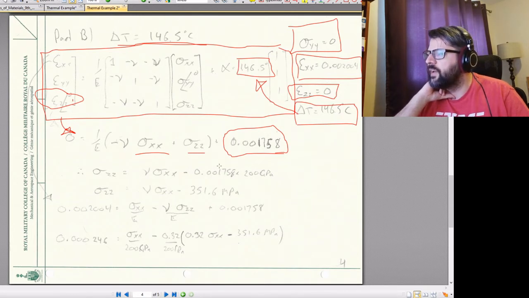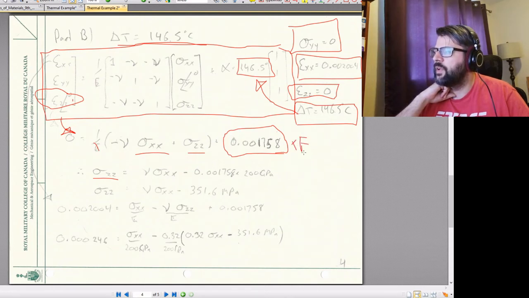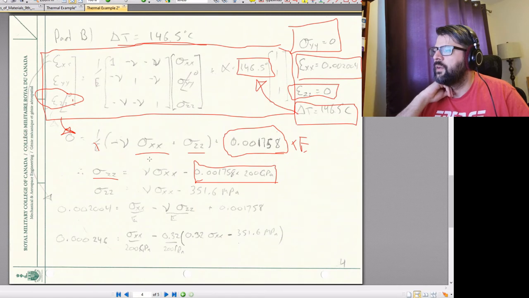So I went ahead and solved for this in terms of the z stress. So added everything else to the other side. First off, multiplied by E to get rid of that, so that times E gives us that, and then just subtracted the terms from this side to get to the other side.